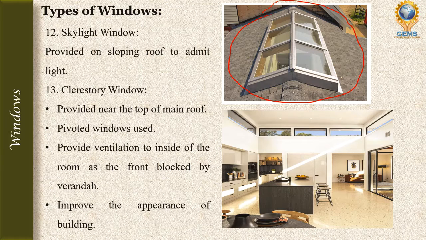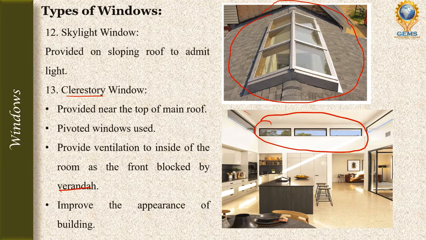And the last type is the clerestory window. This is how the clerestory window is provided. We provide it when your front area is blocked by a veranda and you need ventilation inside the room.